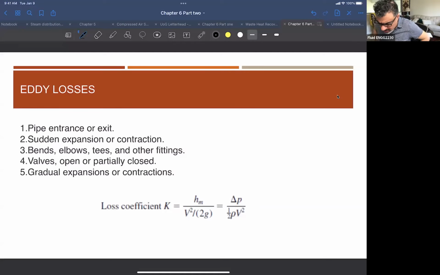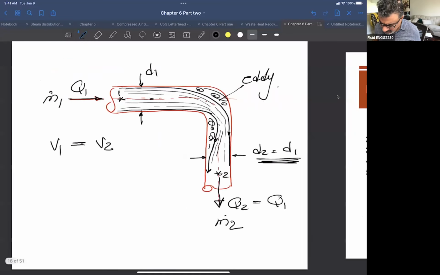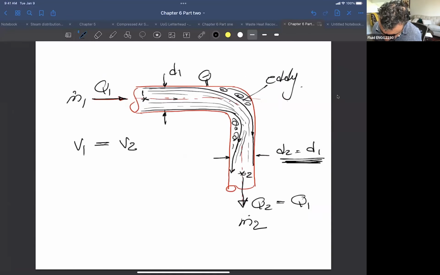Okay, so now, in order to determine what these eddy losses are, we developed a certain method to measure the pressure. For example here, we measure the pressure here, and we measure the pressure here. So we know the pressures, right?